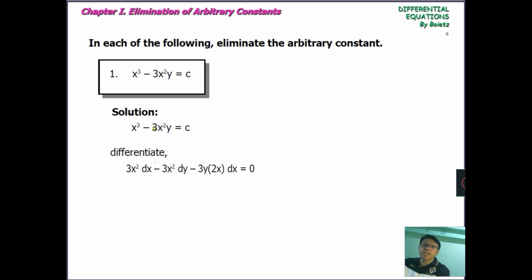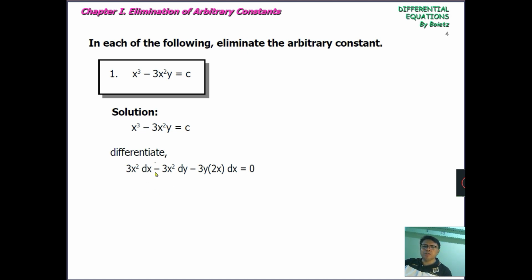Then, sumunod naman, negative 3y, ito yun. Then, derivative ng x squared is 2x dx. Then, the derivative of c is 0. Ganun lang. Ganun lang kasimple. So, i-differentiate mo lang. Then, you will notice here na na-eliminate ka agad yung constant. So, by differentiating the original equation, you can eliminate the arbitrary constant.